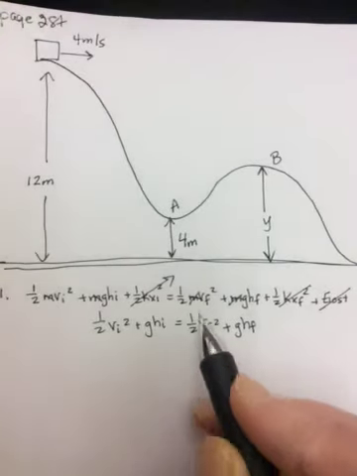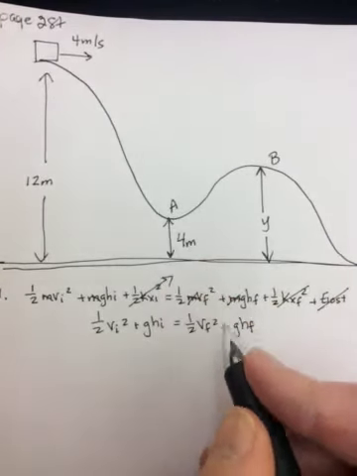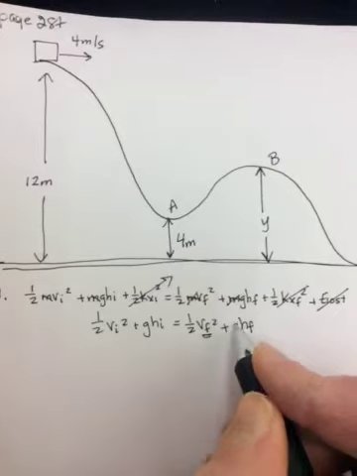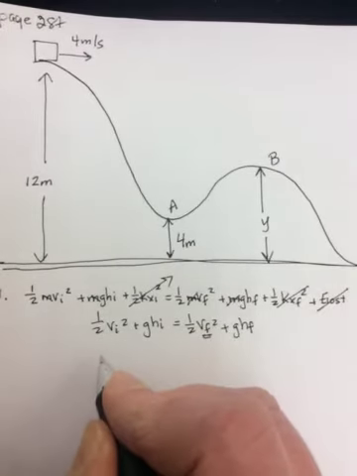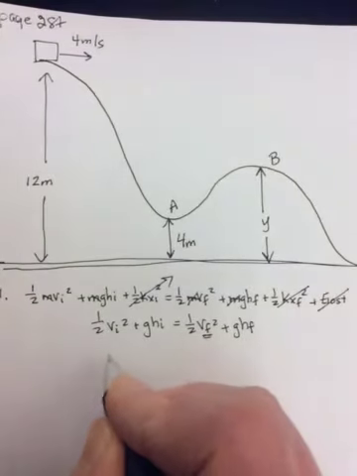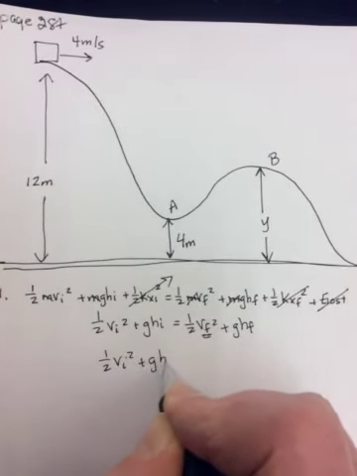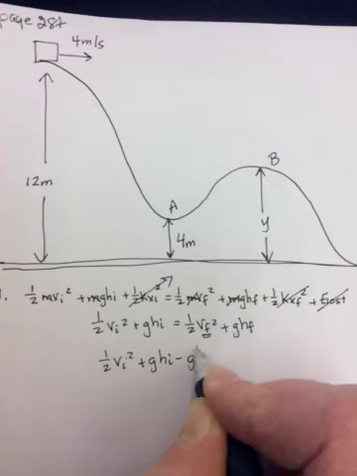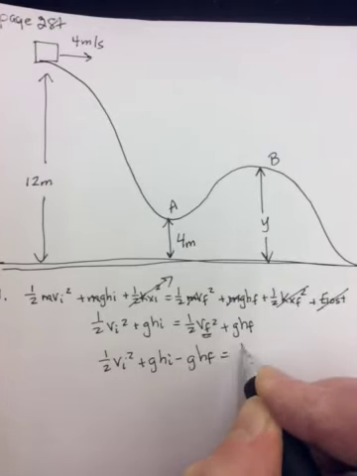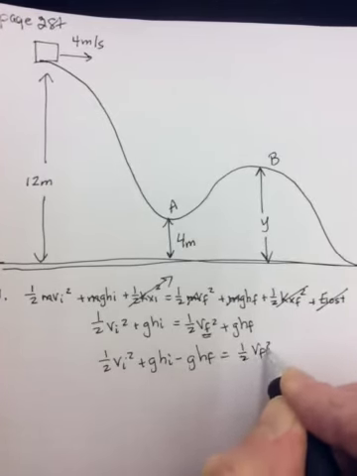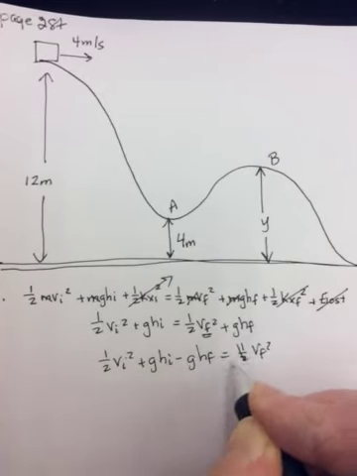Now what is it we're trying to find? We're trying to find the final speed, this guy. So we can take the g h f over, and so 1/2 v initial squared plus g h i minus g h f equals 1/2 v f squared, and then multiply everything by 2.